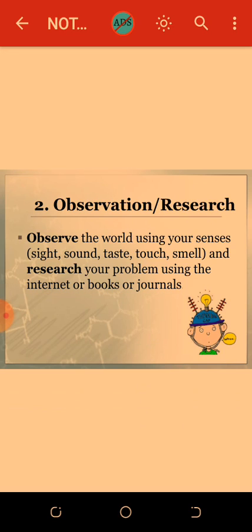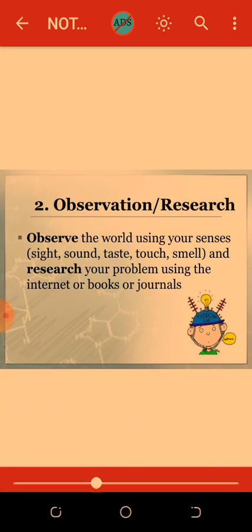The very first step in the biological method is observation and research. Observe the world using your senses: sight, sound, taste, touch, smell, and research your problem using the internet or books or journals or any evidence from the environment.